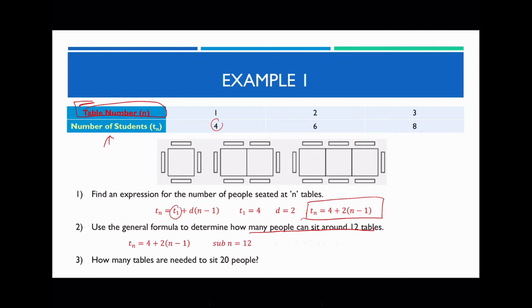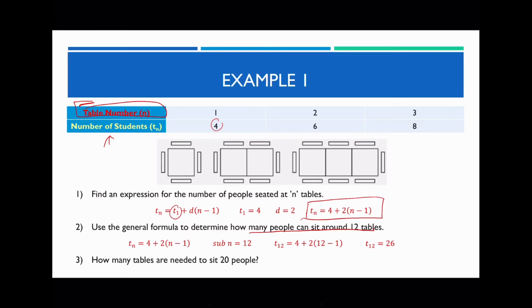Therefore T12 is going to equal 4 plus 2 bracket 12 minus 1. Put this into your calculator, and you're going to get an answer of 26. So this means that 26 people or 26 students can actually sit at 12 tables when it's side by side.